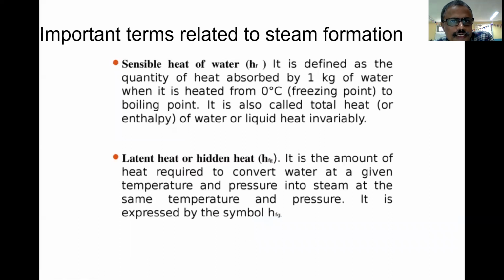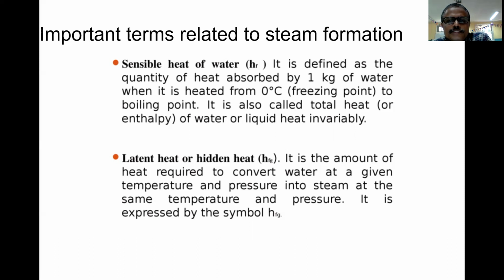Now there are some important terms related to steam formation. We have already seen sensible heat of water, that is denoted by HF. It is defined as the quantity of heat absorbed by 1 kg of water when it is heated from 0 degree centigrade to the boiling point.